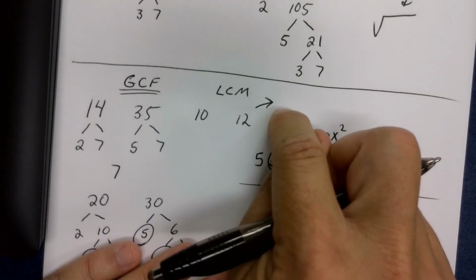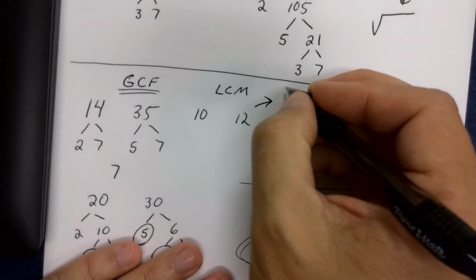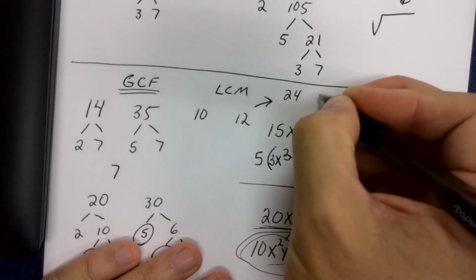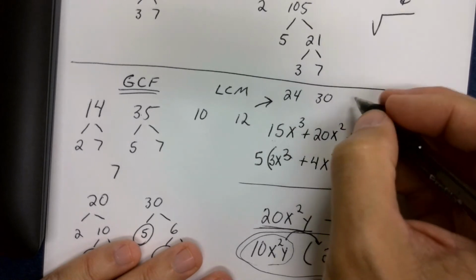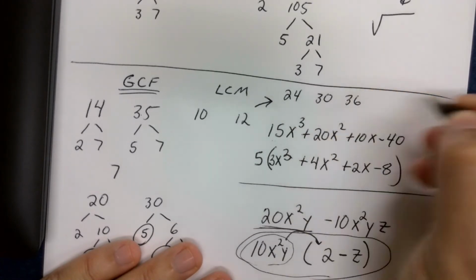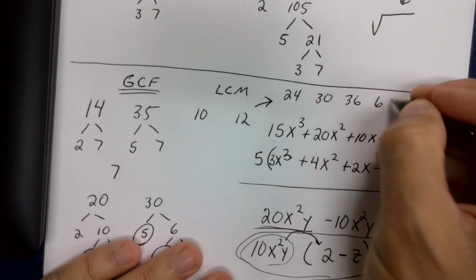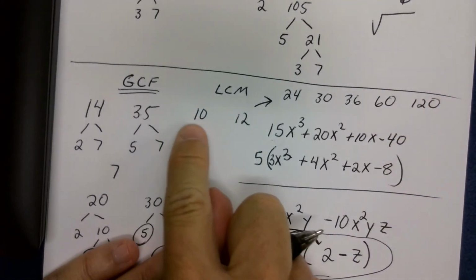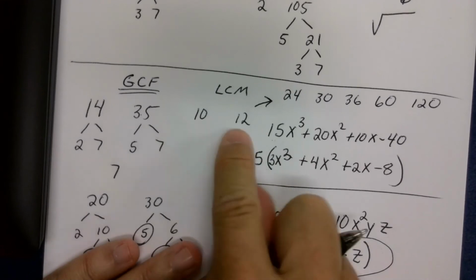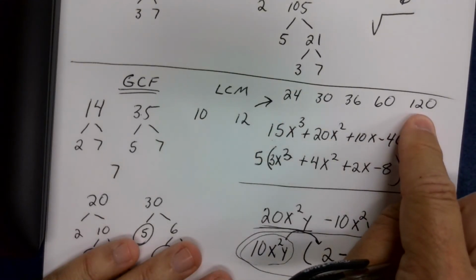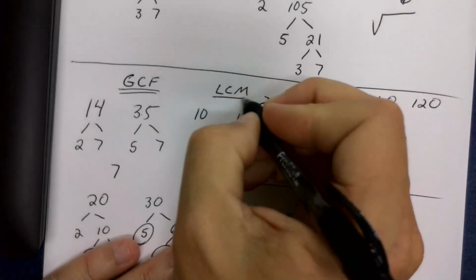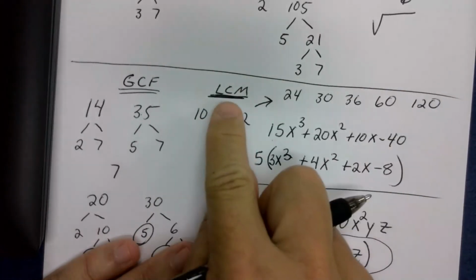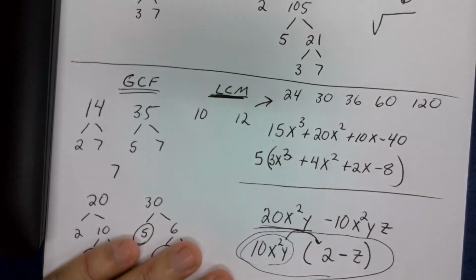So, let me throw a few out here. Let's go 24, 30, 36, 60, and 120. We know the biggest thing that it could be is 120, because 10 times 12 is 120, right? Okay, but we want to look for the lowest thing that has common things to it. That's a multiple of these two numbers.